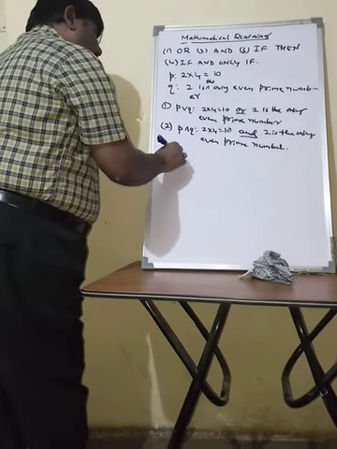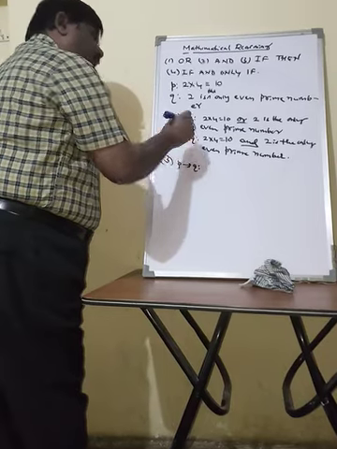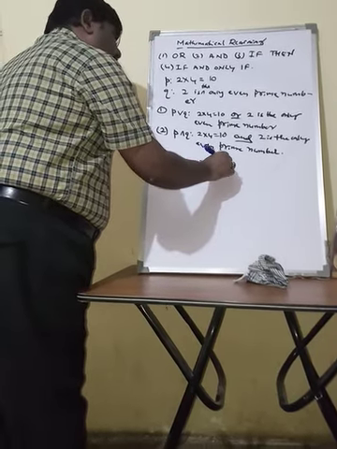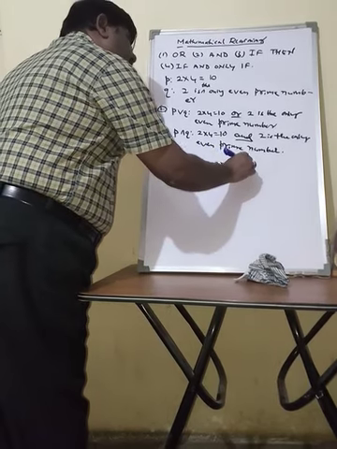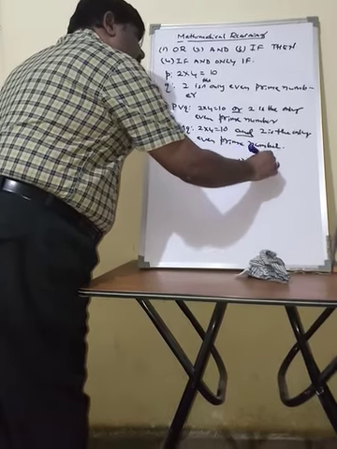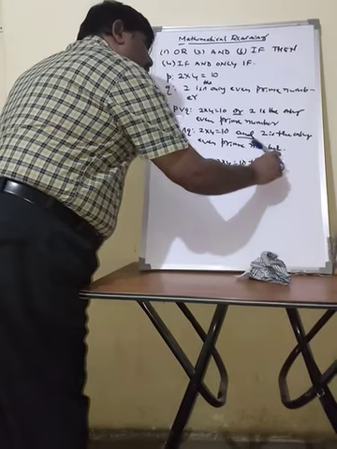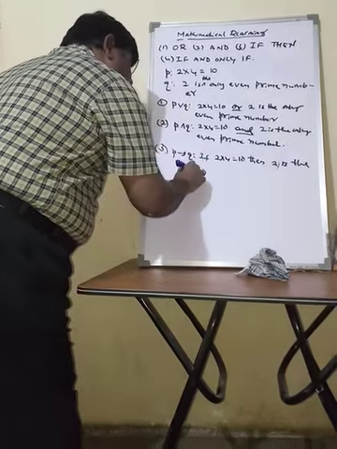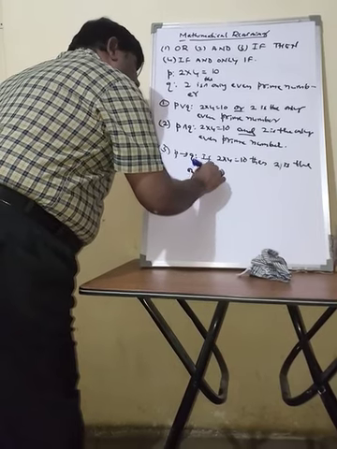Third one, P arrow Q: if 2 into 4 equal to 10, then 2 is the only even prime number.